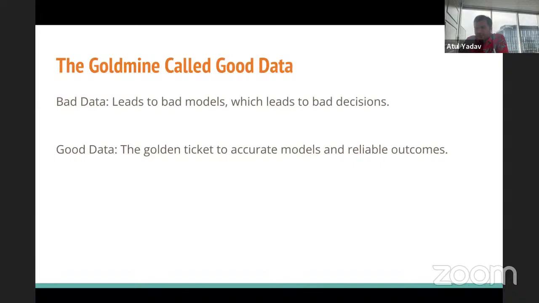Random information generated through an activity or a phenomenon. All right.